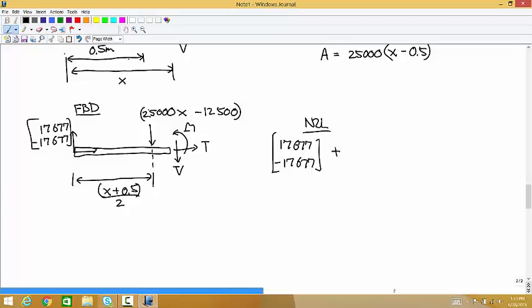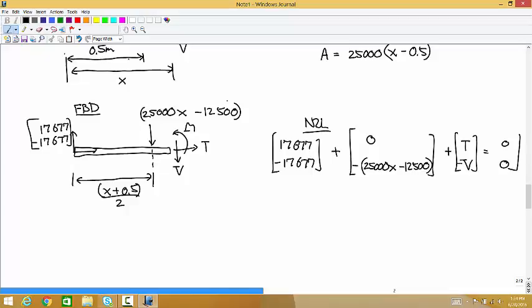We want it in the negative y direction, which means this is going to be 0, negative of that, plus T, negative V is equal to zero.